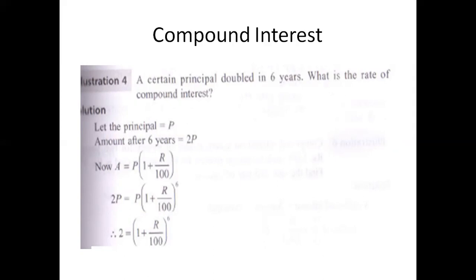We have the amount A equal to P into (1 plus R by 100) whole to the power n. We have 2P equal to P into (1 plus R by 100) whole to the power 6, that is, the principal doubled in 6 years. Therefore, 2 is equal to (1 plus R by 100) whole to the power 6.